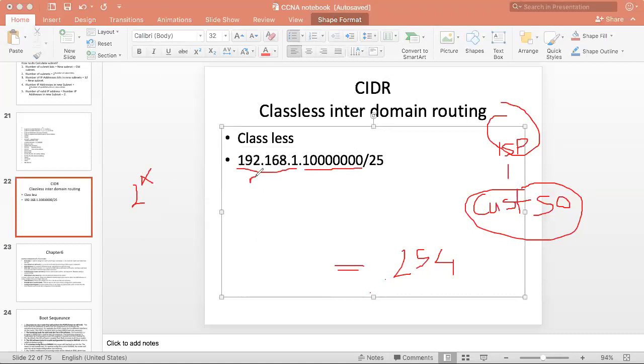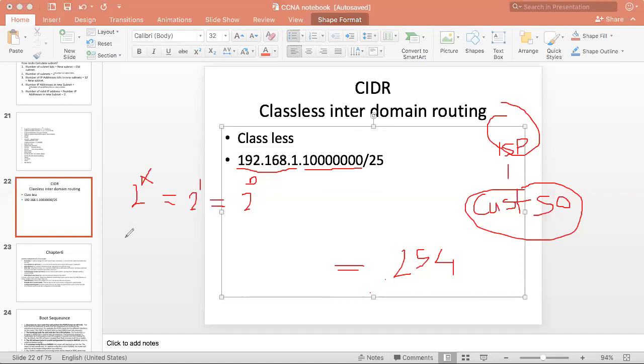So 2 to the power x means what will come here? 2 to the power of how many bits on do we have in the host portion? 1. So the value will be 2, which means if the service provider gives me slash 25, the total number of networks I will get is 2.